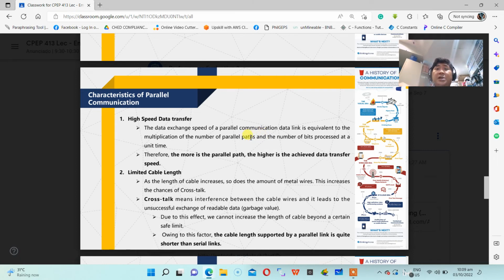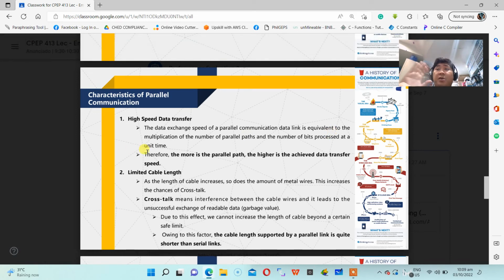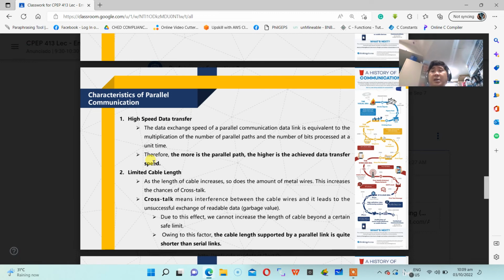Meaning, the number of bits transferred at the same time is multiplied by the number of paths. Therefore, the more parallel paths, the higher the achieved data transfer. The more wires you use, the faster it is, because each has its own dedicated line, so it does not bottleneck. But obviously, it will get expensive.